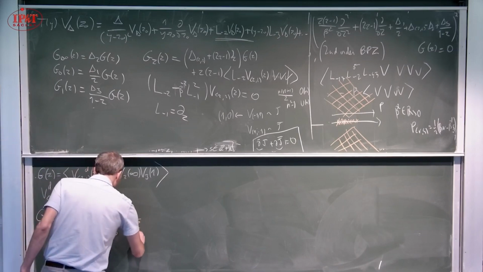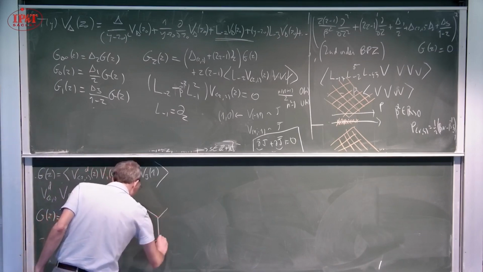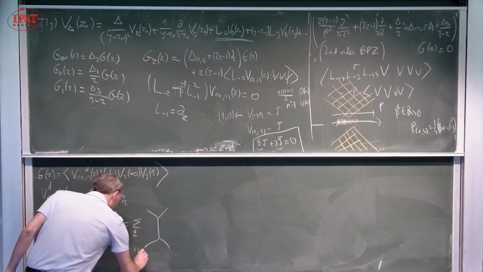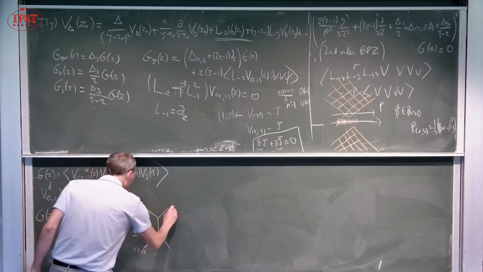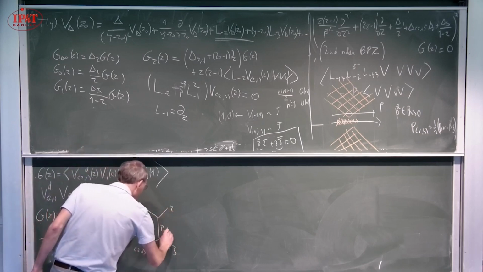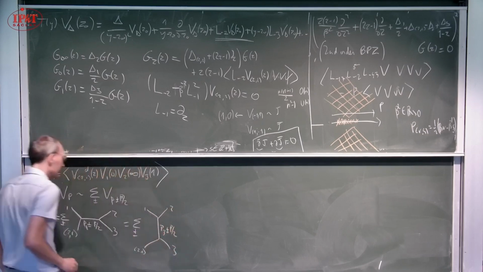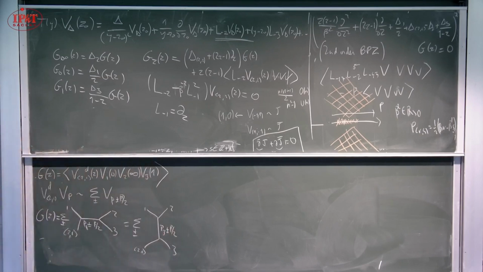Or in the T-channel, it's a sum of two terms of this type, 1, 2, 3, and now you have P3 plus or minus beta over 2.